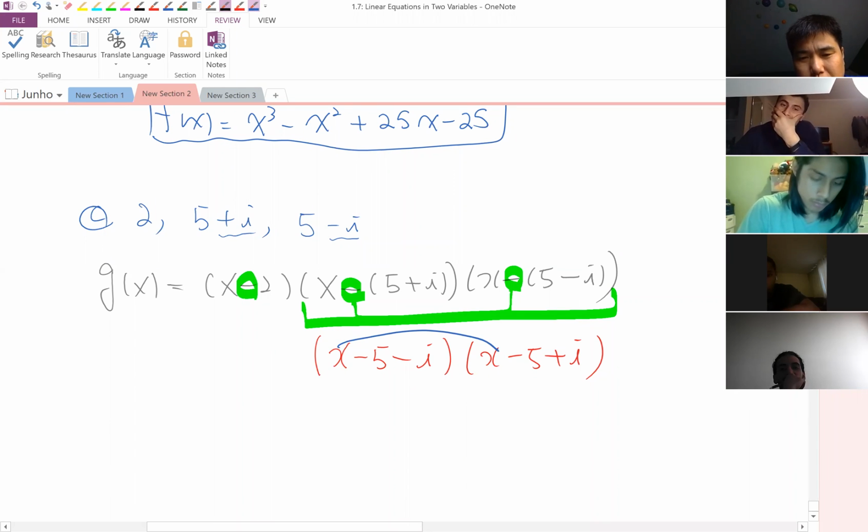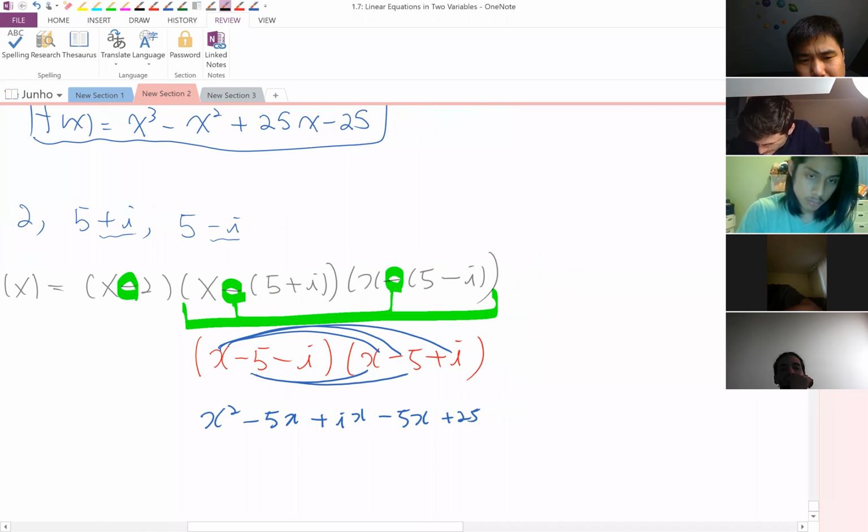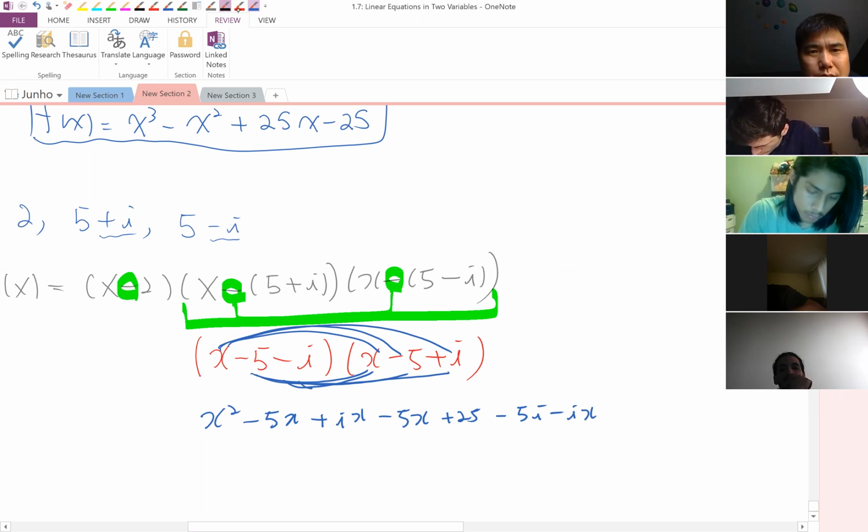So this time this becomes x squared minus 5x plus ix and minus 5x plus 25 and minus 5i and minus ix and plus 5i minus i squared.